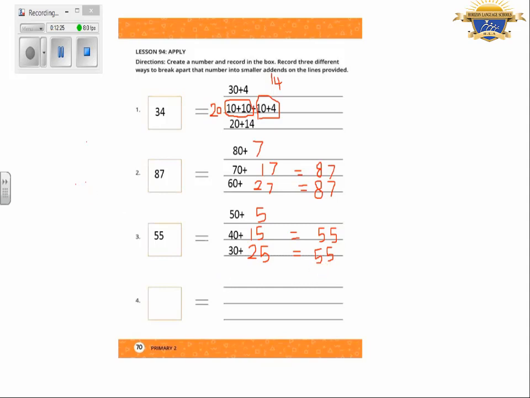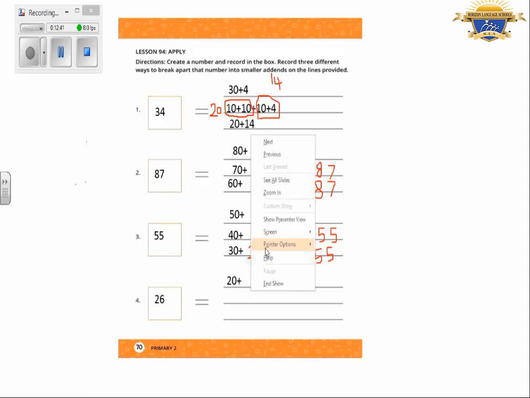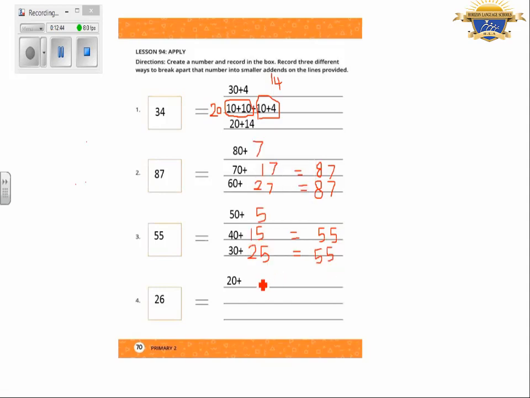Let's take another number, 26. I have 2 tens and 6 ones. 2 tens is 20 and 6 ones is written as 6. Okay, the other way I will decompose number 26. 20 here consists of 2 tens.